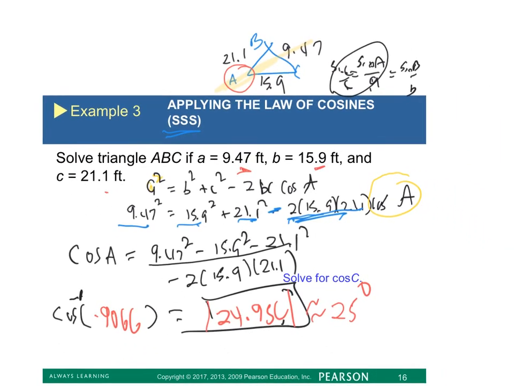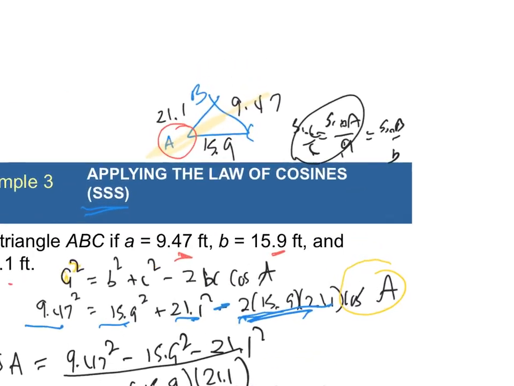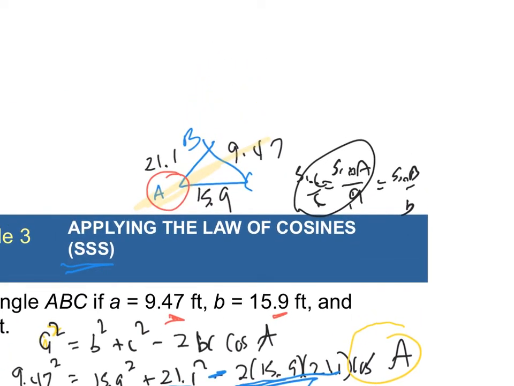I'll do another angle. I'll use law of sines. Now, as I look at this problem, I got to find C or B. So B is across from 15.9. So that's the one I'm going to try to find first.